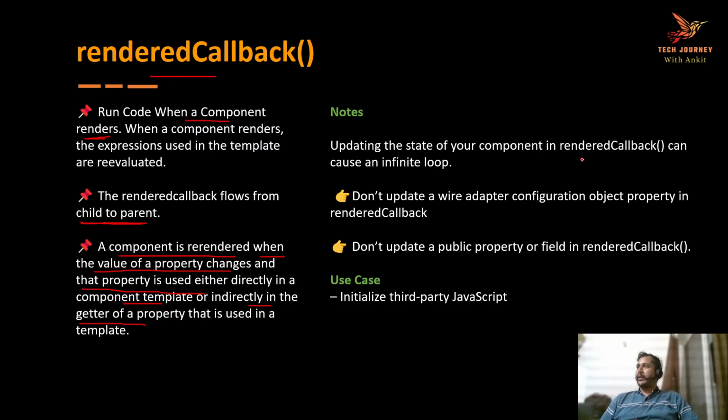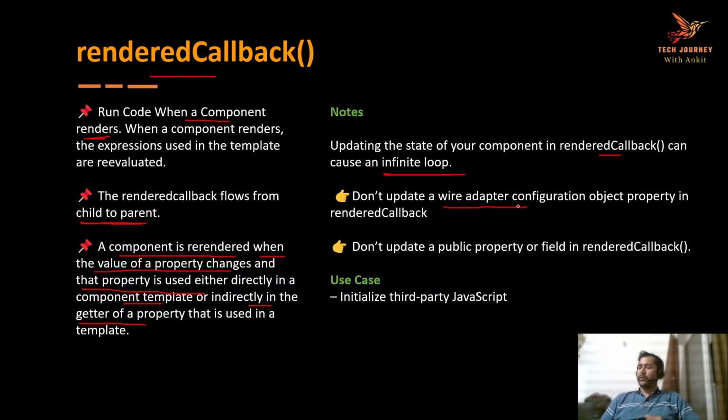Most of the time, whenever you use the rendered callback without taking any special care, you will cause an infinite loop kind of scenario. That is the reason updating the state of your component in the rendered callback is not recommended. Next, you should not update any wire adapter configuration.